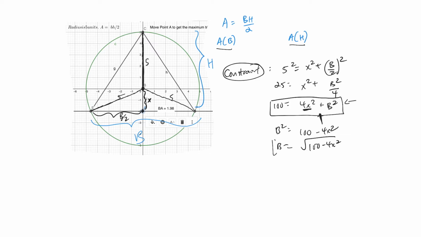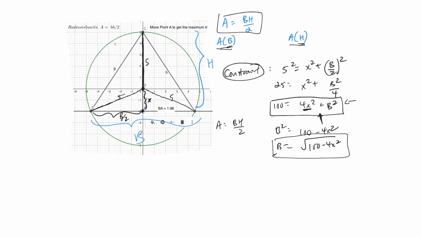So I'm going to take this constraint and express this in terms of x. Going back to the function, I'm going to write that A is equal to bh over 2. So the question right now is, I cannot express A in terms of b or h because I introduced an extraneous variable, x.